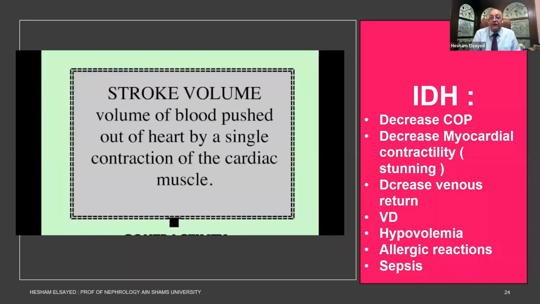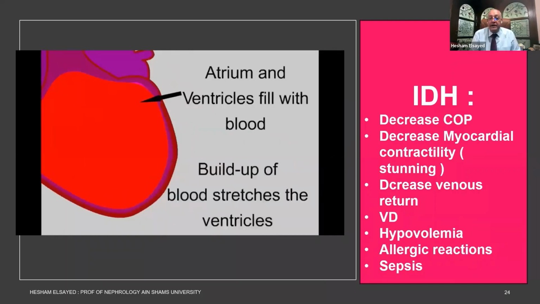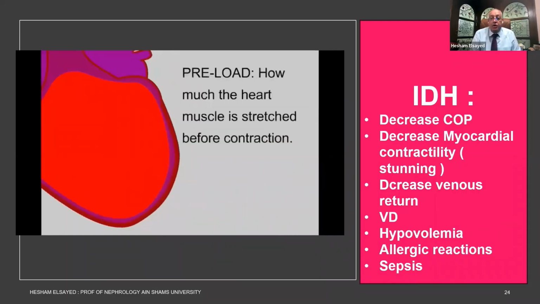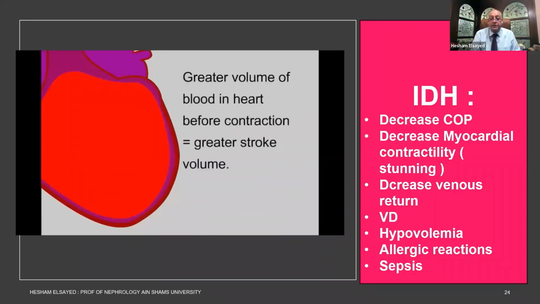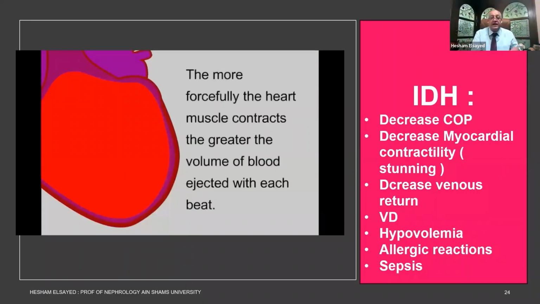So stroke volume and cardiac output decrease with decreased myocardial contractility, like the stunning we called earlier, and decreased venous return from any cause, like stasis, autonomic neuropathy, vasodilator drugs, hypovolemia, allergic reactions to the extracorporeal circuit, as well as septicemia or bacteremia, which carries a lot of vasodilatation, myocarditis, and an inhibitory effect on cardiac contractility.